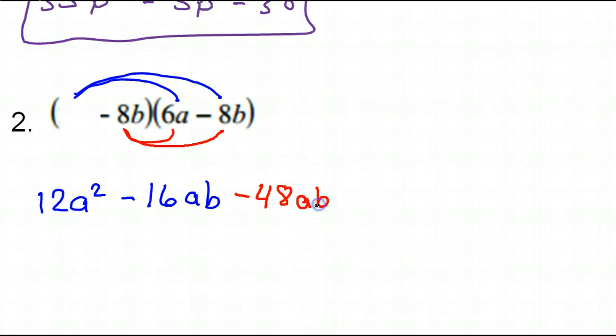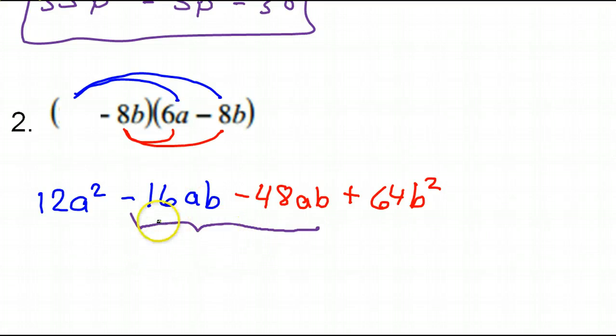Just keep them in alphabetical order. And then we'll take our -8b times -8b. Well, -8 times -8 is +64. And b times b is b squared. Combine your like terms and you're done.